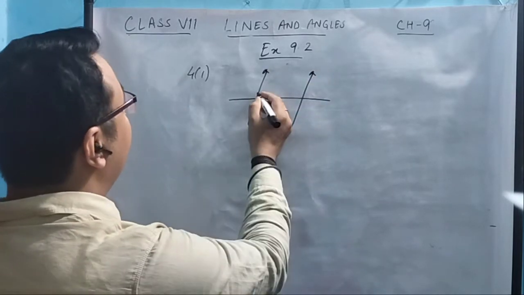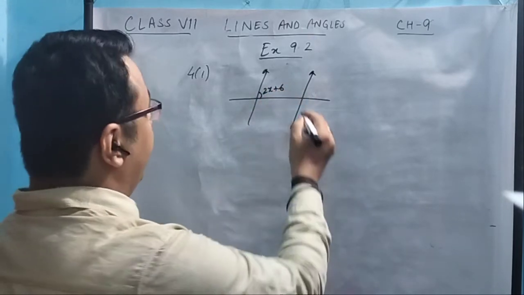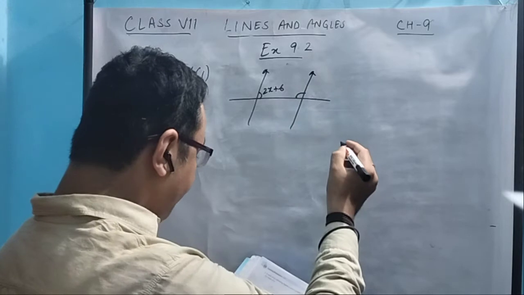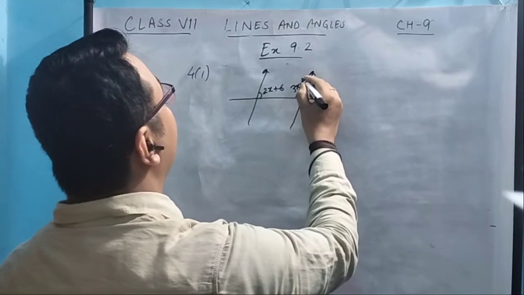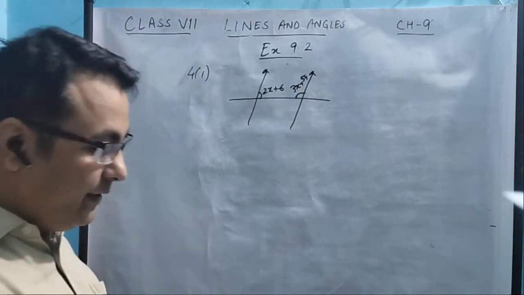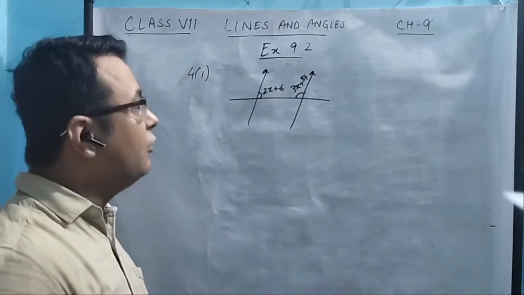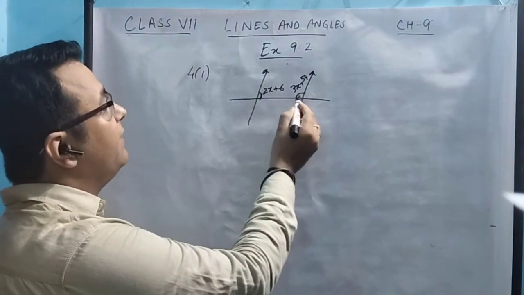This angle is given 2x plus 6, and this angle is given 3x plus 54. We have to find the value of x. So how will we solve this question? First we have to find the relation between this angle and this angle.